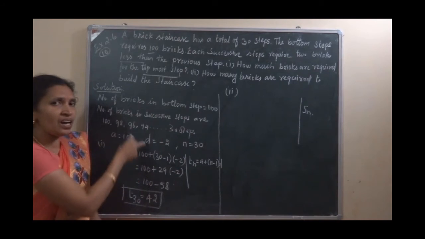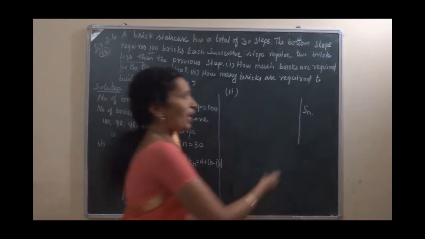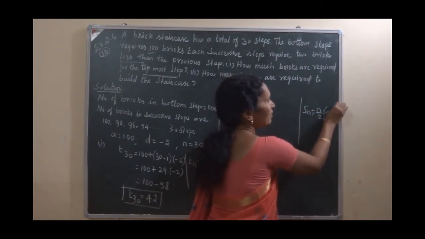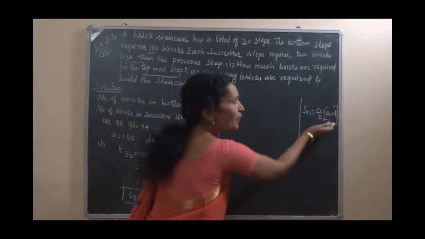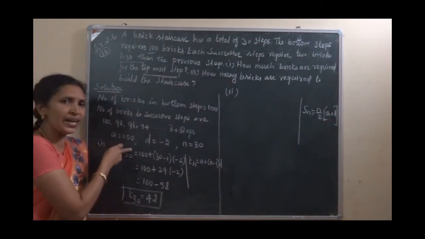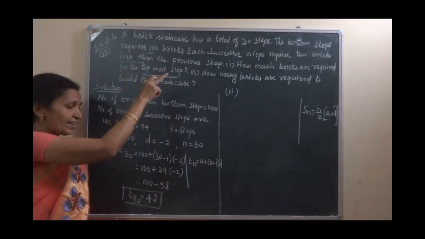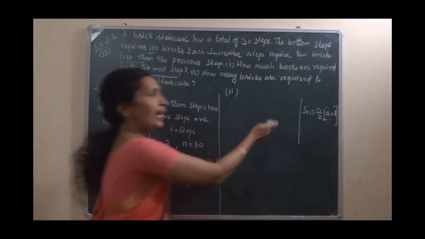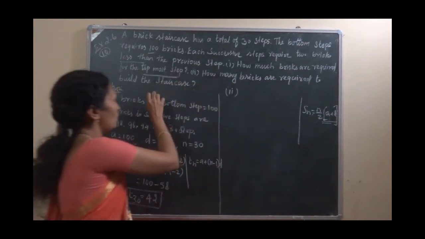So first and last values are there. So I can apply the formula Sn equal to n by 2 into A plus L. This is the easiest formula. Do you understand why I apply this formula? Because the first step is already given in the question, and the last step, the 30th step, I found. We also already have n, so we can apply this formula for the second question.